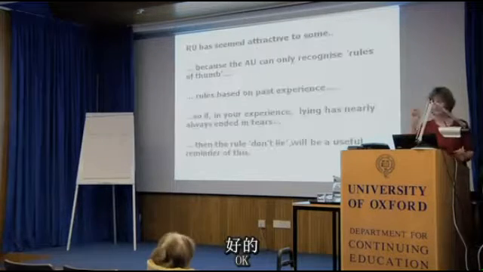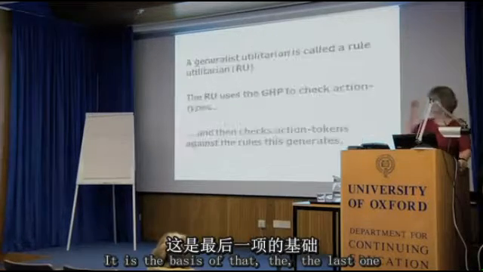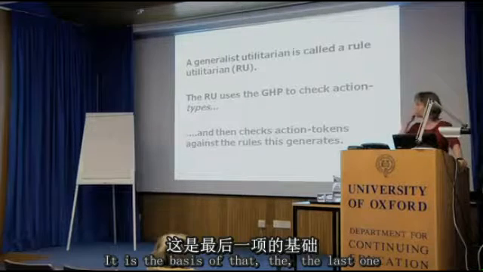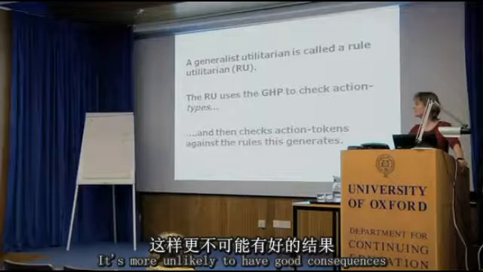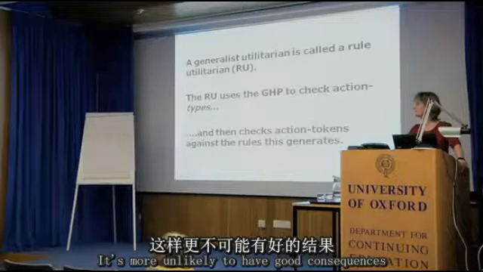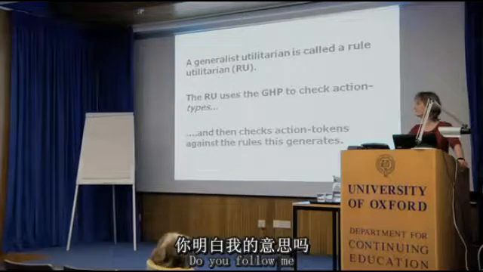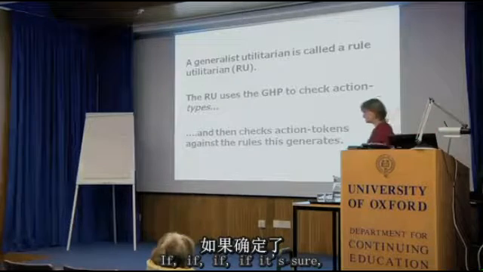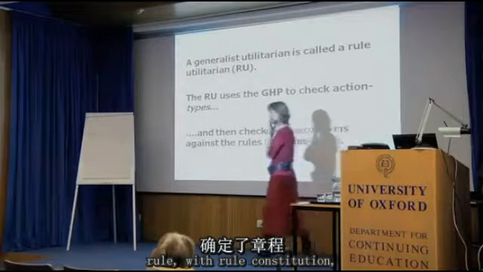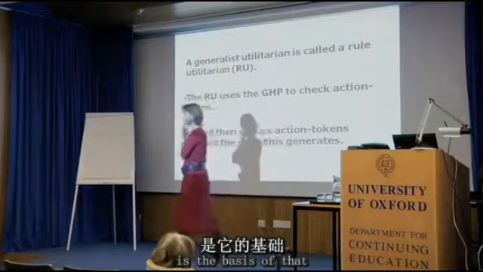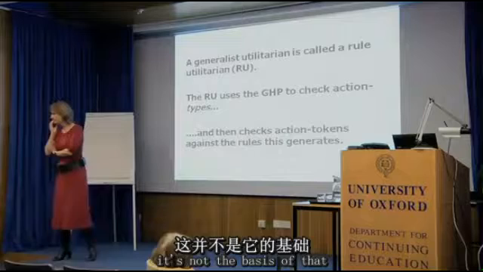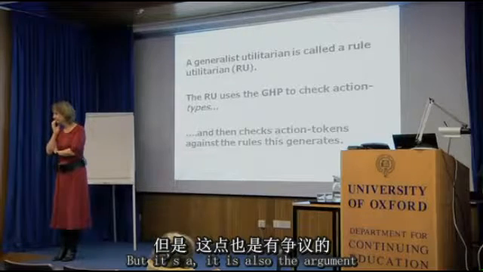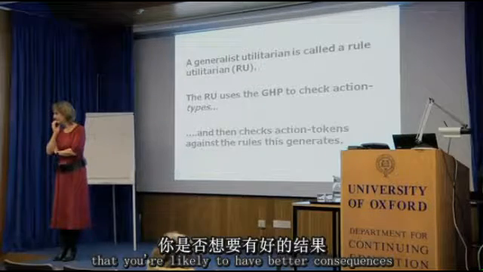Is the basis of that, the last one, that it's more likely to have good consequences? Do you follow what I mean? If we check with rule consequentialism, is the basis of that, I can see logically you start the basis out there, but it's also the argument that you're likely to have better consequences.